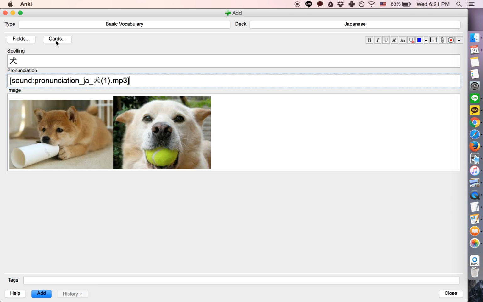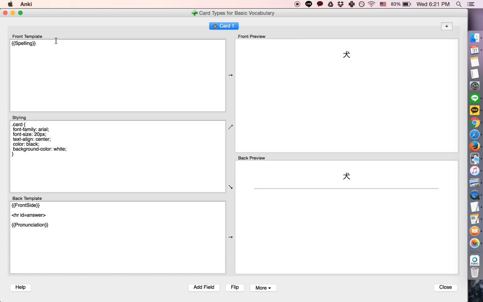The final thing we need to do is build the card model. So the way I like to do it is I like to have the pronunciation on the front along with the spelling, but only if you click to show it.